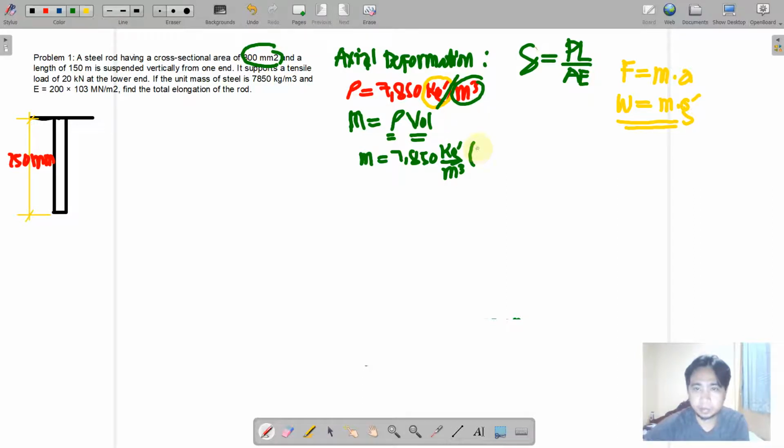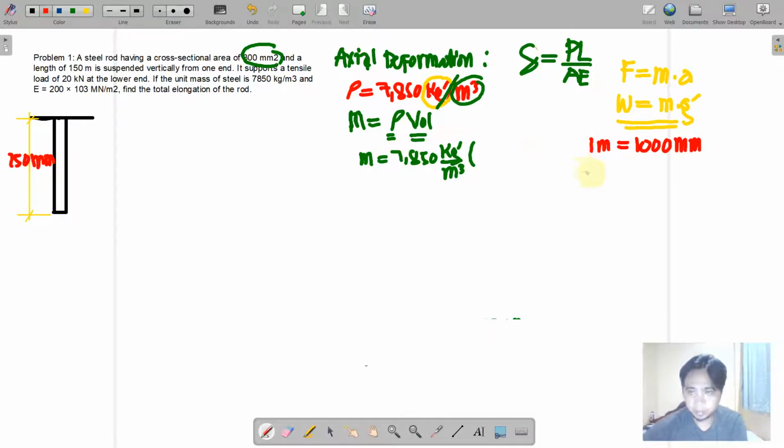However, it is expressed in millimeters, so supposedly we should express that in cubic meters. Let us recall the conversion factor: 1 meter is equivalent to 1000 millimeters.